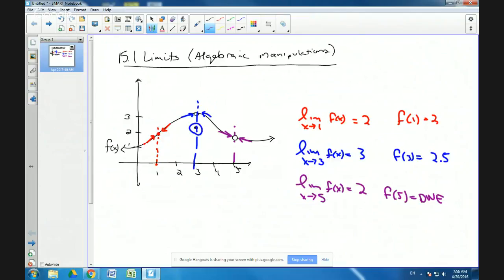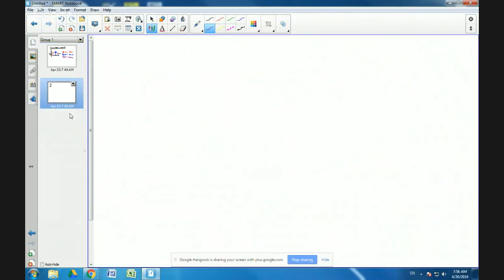Okay, today, the number one method, so this was a graphical representation. Let's talk about algebraic manipulations. Okay.